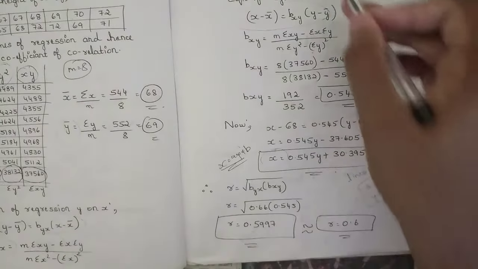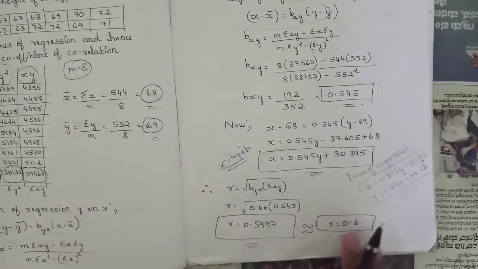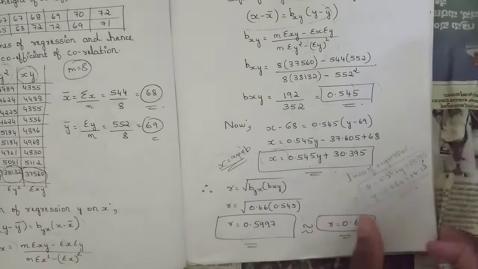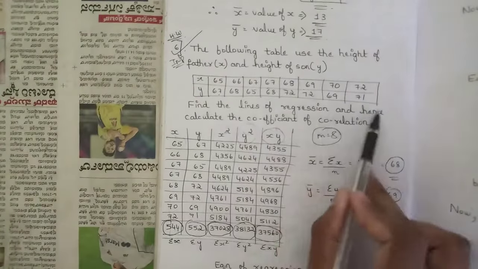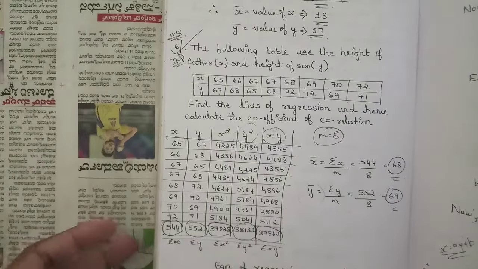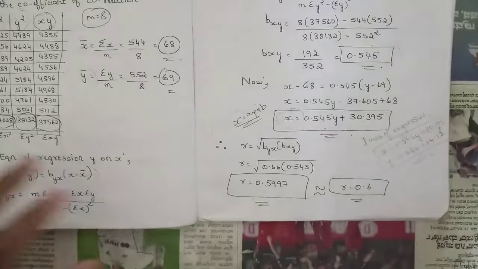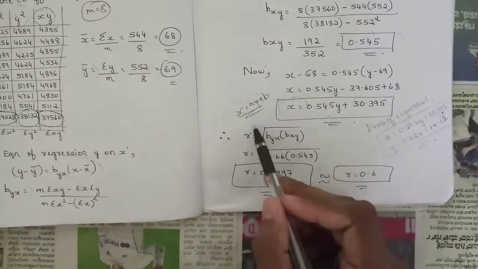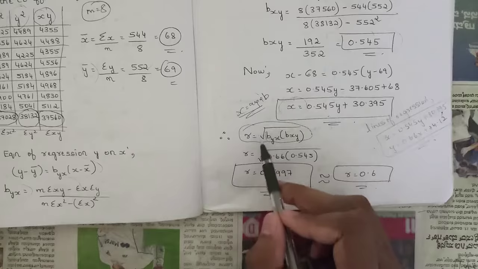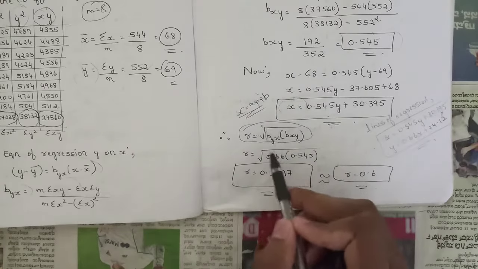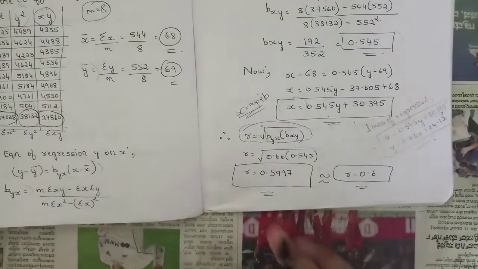So these are the two lines of regression, but in the question they have told us to find the lines of regression and hence calculate the coefficient of correlation. We have discussed that the coefficient of correlation, whenever they have given the two regression lines, is the square root of b suffix yx into b suffix xy.